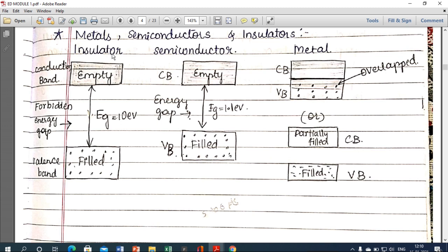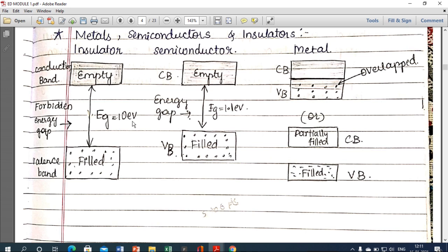When it comes to the insulator, the valency band is always filled with electrons. It depends on the material you select, either it contains electrons or holes. Both are charge carriers, so we can choose any type of material. Here I will assume that we have a valency band which is filled with electrons, and the energy gap between the valency band and the conduction band is around 10 electron volts.